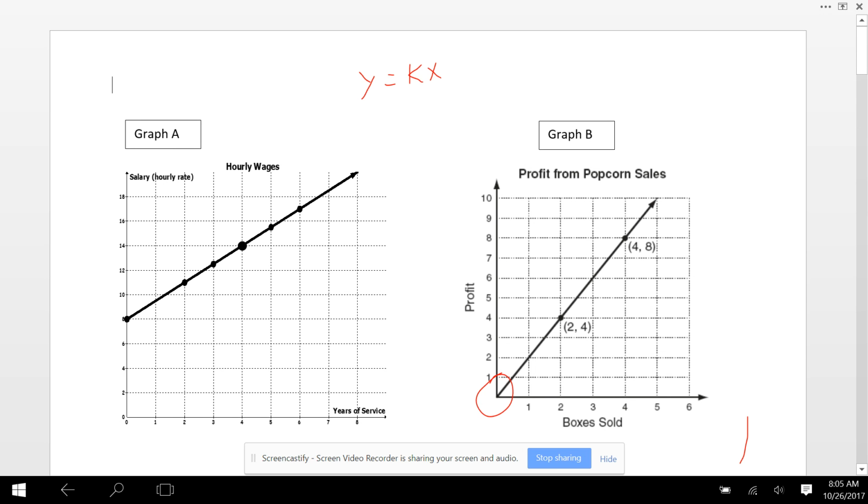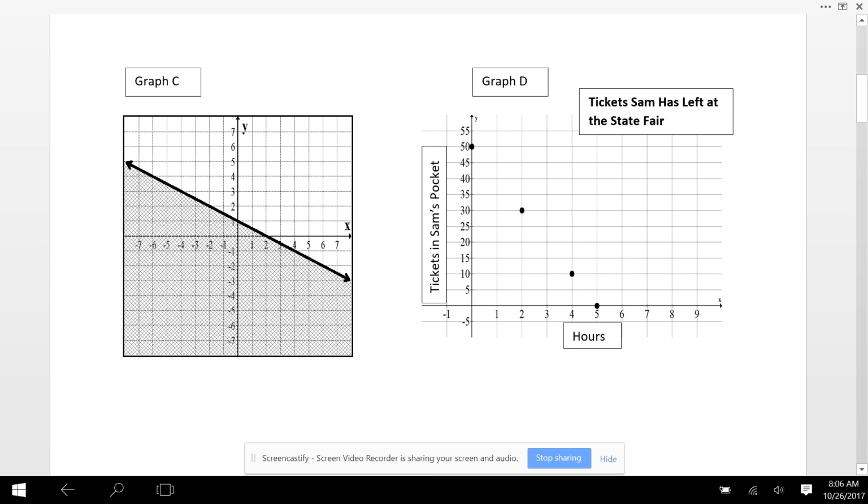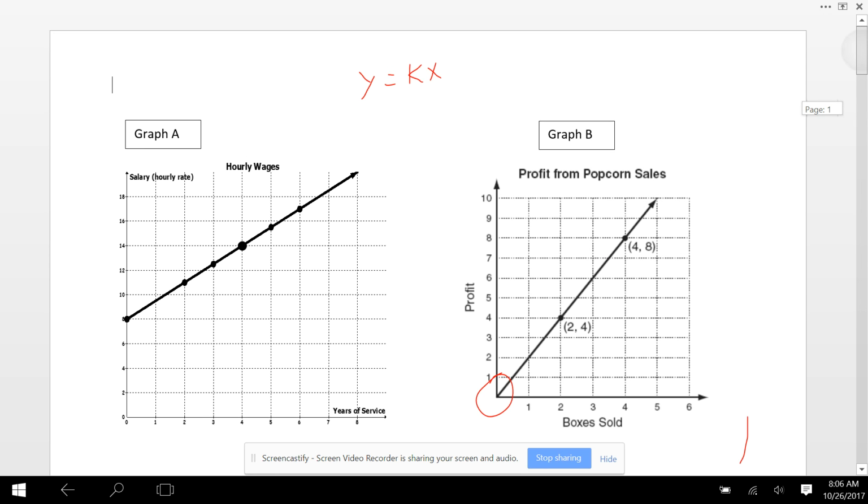Now, the positive slopes are graph A and graph B, and not graph C, and not graph D. So A and B are the only ones with positive slopes. Okay, so let's look at graph A. What is the slope and what does it mean? Well, I'm going to look at some perfect points. Here's one.